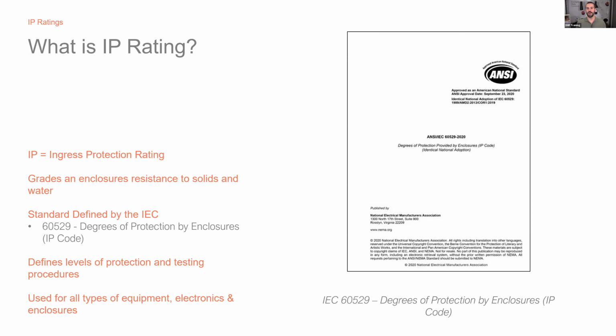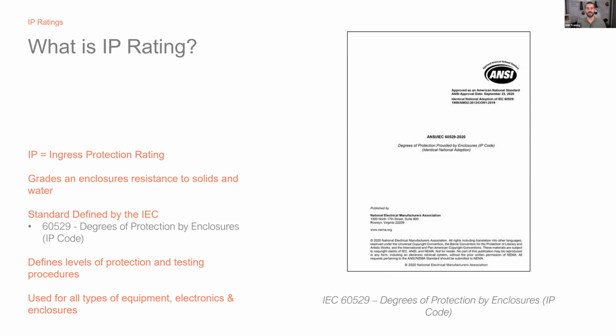It's important that we know that it's water and not liquids. Part of the IP code does go into additional levels in terms of maybe oil or other liquid substances, but the predominant part of the rating, the main numeral, is related to water.